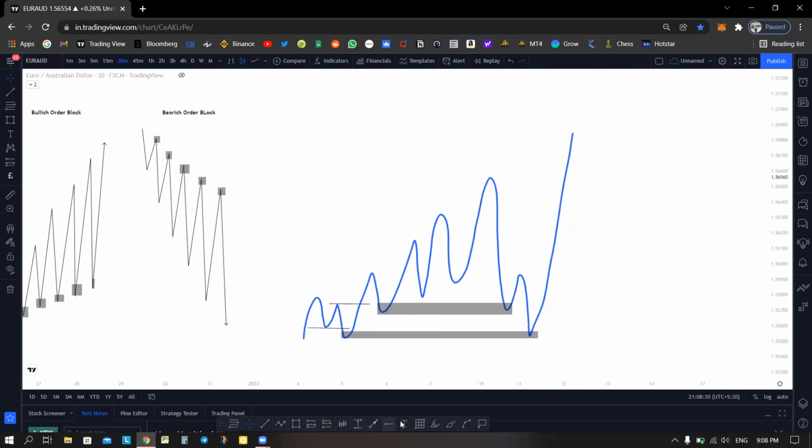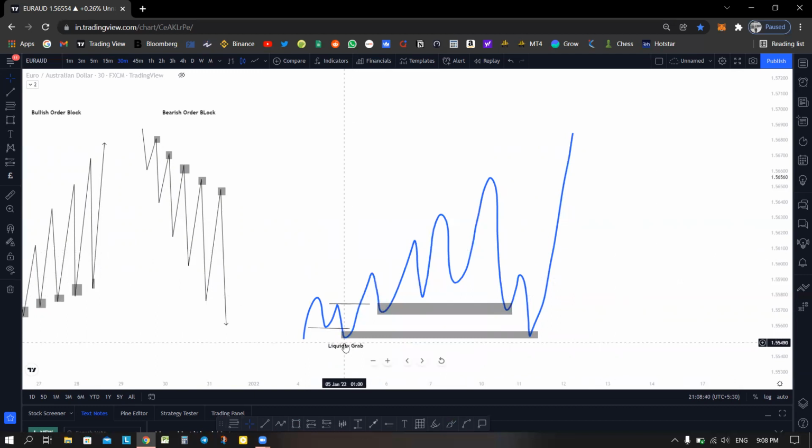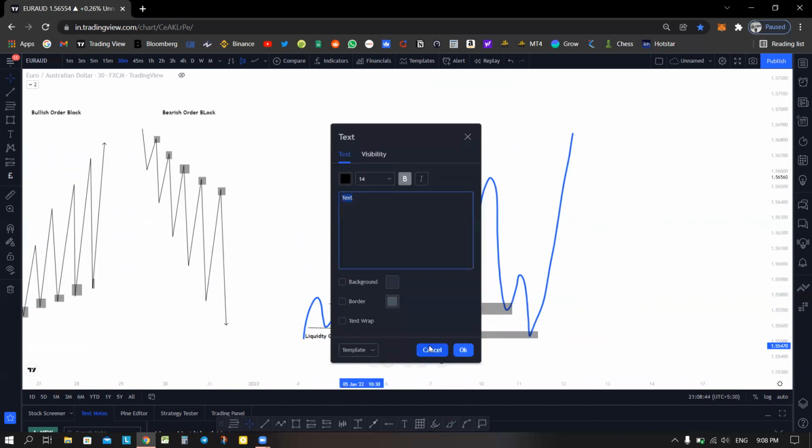This will be called a trap. This one is the bullish order block.